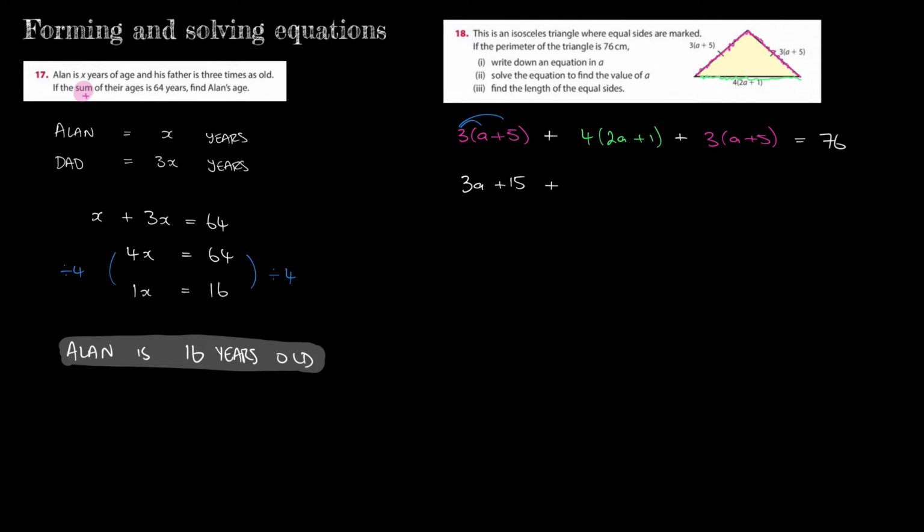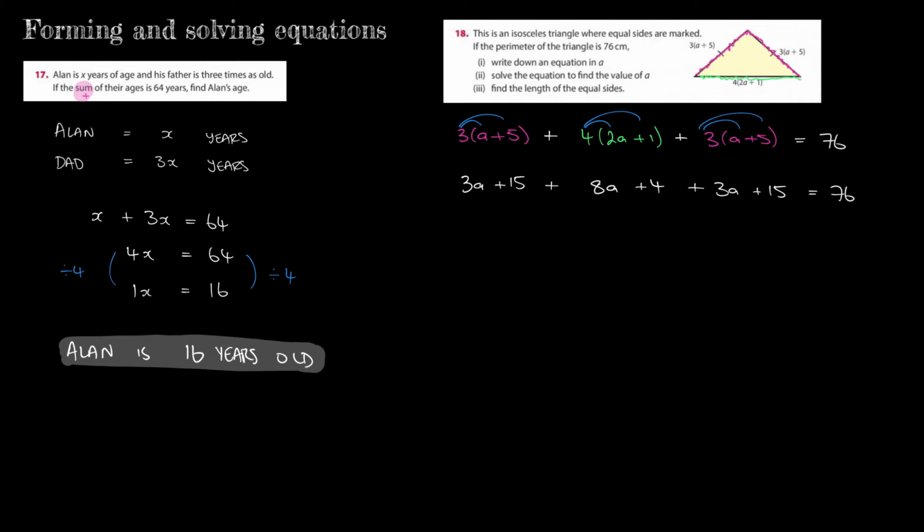Plus 4 times 2A is 8A. 4 multiplied by plus 1 is plus 4. 3 multiplied by A is plus 3A. 3 multiplied by 5 is plus 15, equals 76.